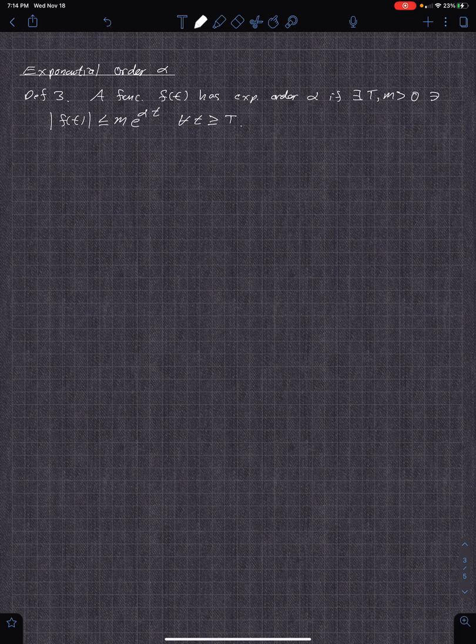What I mean by that is it can grow faster at first, but then eventually there's some value of t for which the function will always be less than the exponential.